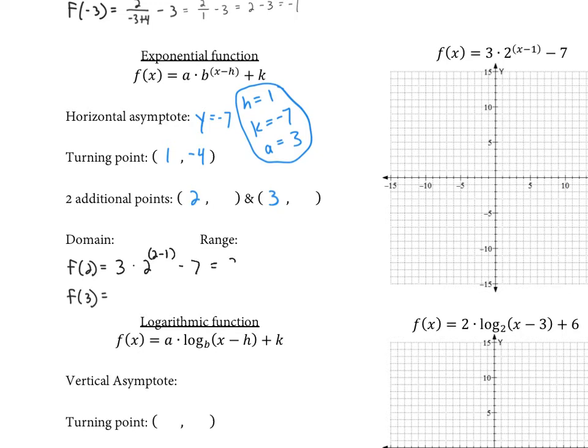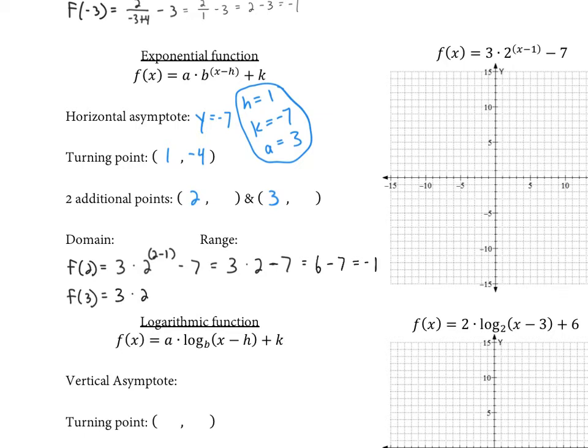Okay, so 2 minus 1 is 1, 2 to the 1, so we have to apply this exponent to 2 first. So be careful, you don't want to do 3 times 2. You have to do the exponent first. So 2 to the 1 is just 2. Okay, then, order of operations, PEMDAS. After exponents, you do multiplication. So 3 times 2 is 6. Minus 7 is -1.